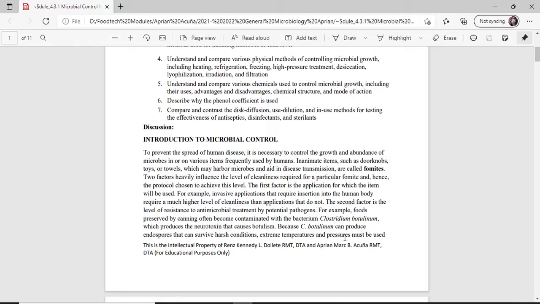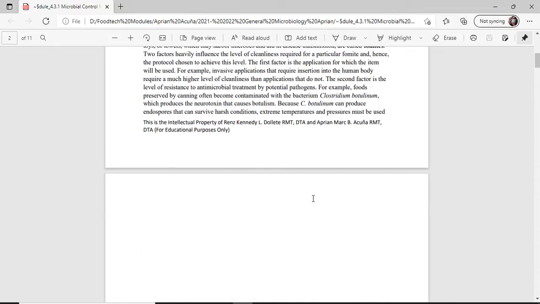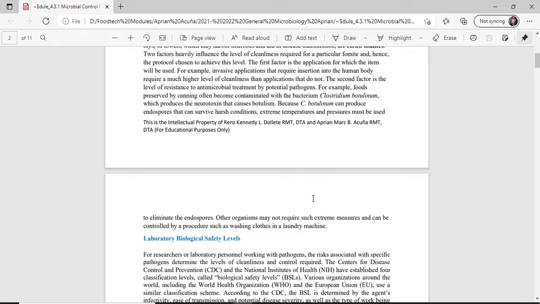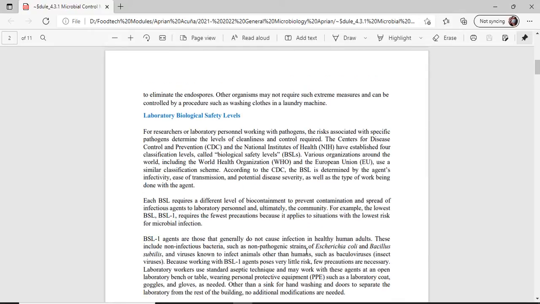The C stands for Clostridium. Okay, it can produce endospores that can survive in harsh conditions. Extreme temperatures and also pressures must be used to eliminate the endospores. Other organisms may not require such extreme measures and can be controlled by your mga normal procedures such as washing your clothes and also mga laundry machines.